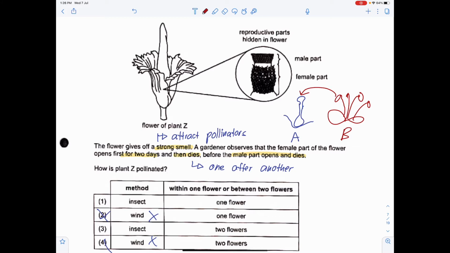Having a similar gene pool subjects you to more diseases and genetic issues. It's a very long story, so I'm just going to tell you that by not having the same flower pollinate itself, you get a greater genetic diversity, which helps the flowers better survive should there be a disease outbreak.